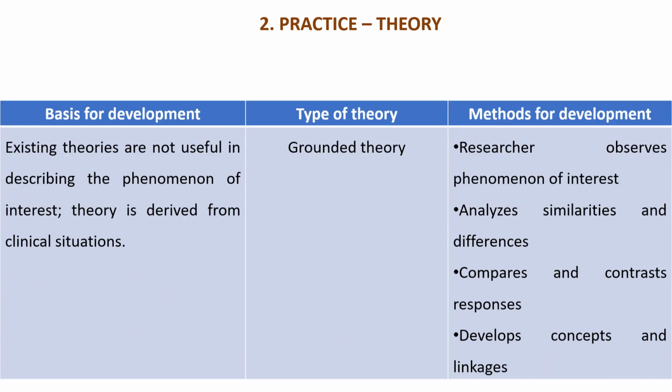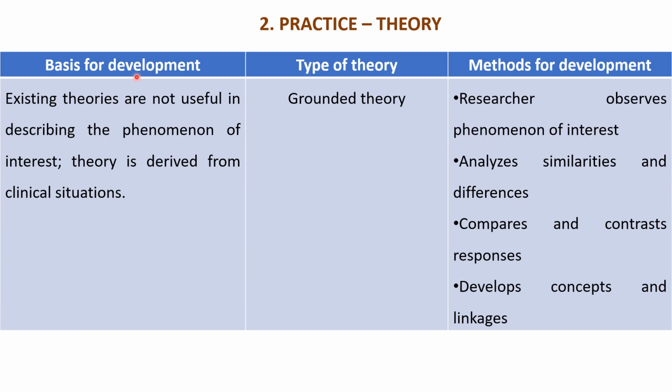So how to do this practice theory? The basis of development: existing theories are not useful in describing the phenomena of interest, or the theory is derived from the clinical situations. This development of theory is by grounded theory. The method of development is that the researcher observes the phenomena of interest, analyzes the similarities and differences, compares and contrasts responses, and develops concepts and linkages.